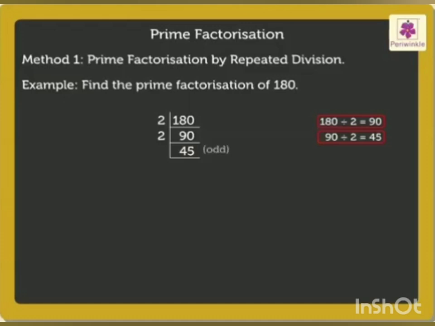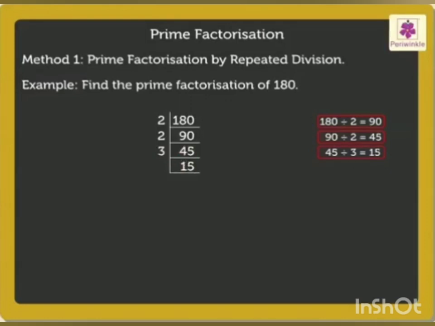As it is an odd number, it is not completely divisible by 2. So now we move ahead to the next prime number, that is 3. Number 45 is completely divisible by 3. 45 divided by 3 is 15. Write 15 below the 45.